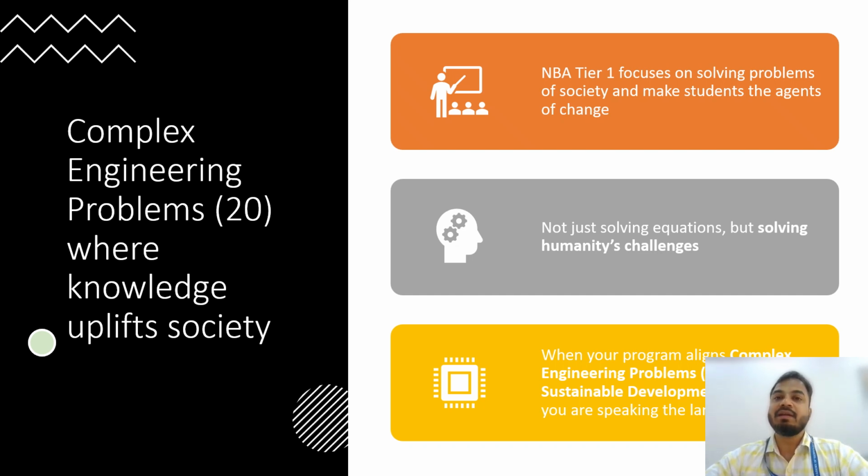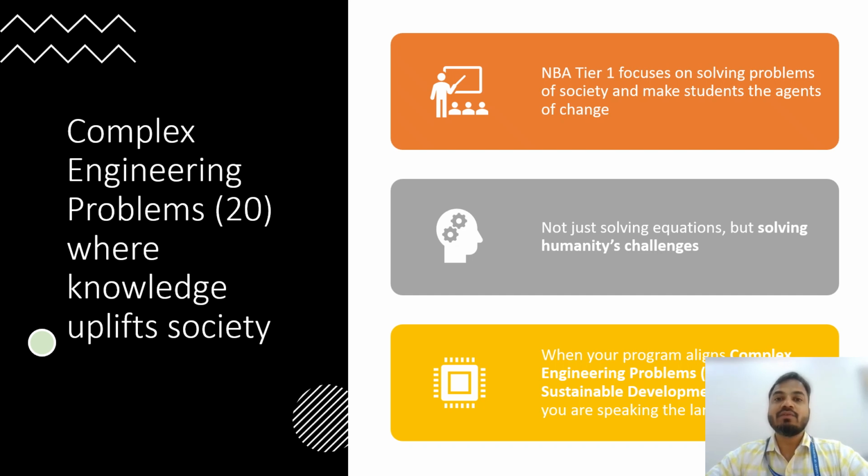The basic fundamental idea of bringing in the complex engineering problem is this: when a faculty is giving or a student is choosing a project work, either a capstone, mini or micro, or participating in any hackathons or such activities, we need to look at how it is going to benefit society, and how it is going to solve problems on a larger scale for humanity and nature in general.